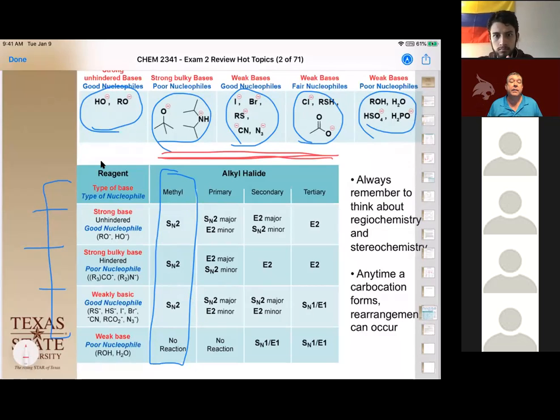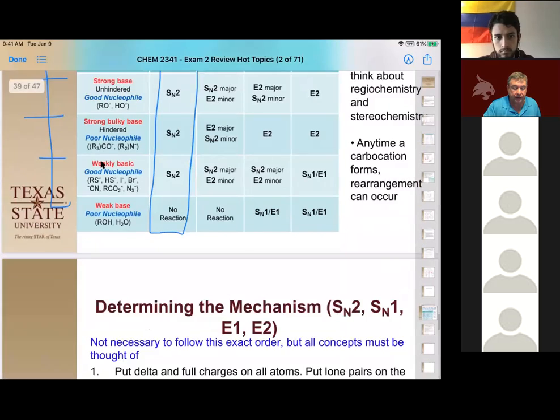Now, your secondary is the one that can actually undergo all four mechanisms, but it's dependent on what you're reacting it with. And tertiaries almost always go E2 eliminations or some competition between Sn1 and E1. It forms the carbocation. So that summarizes that.